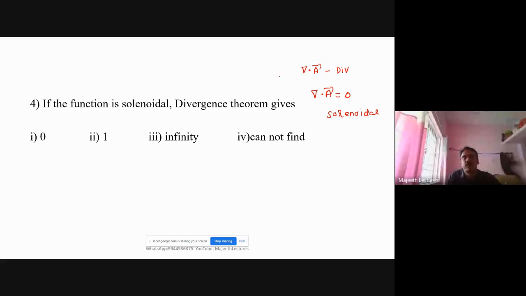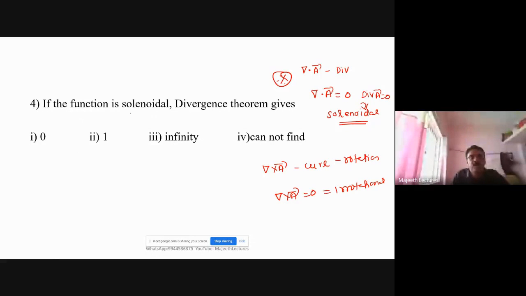Please note it down. That is, divergence of vector is 0 means that vector is called solenoidal vector. Curl, del cross A is curl, we know. If curl is 0 means no curl. Curl means rotation. If curl is 0 means it is irrotational. That's why curl 0 means it is irrotational.